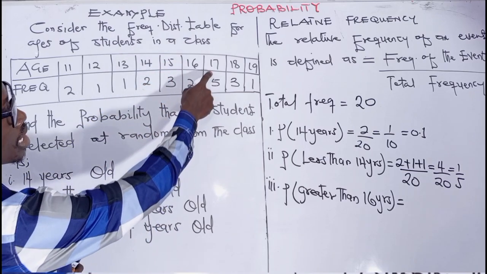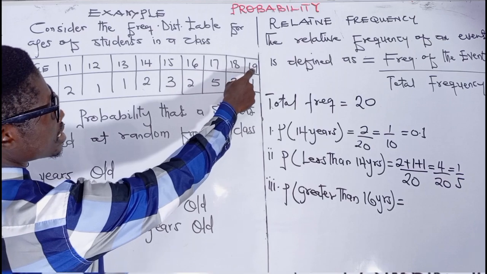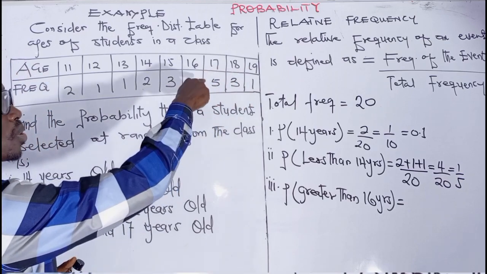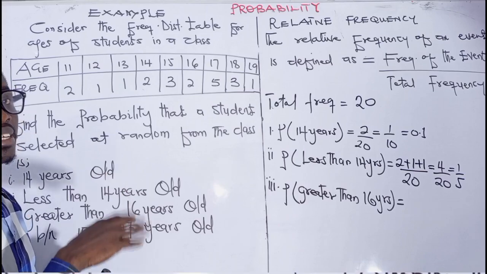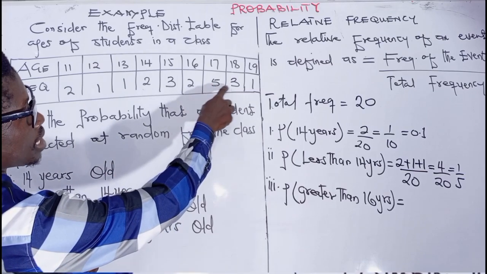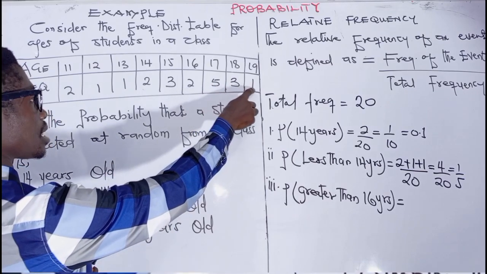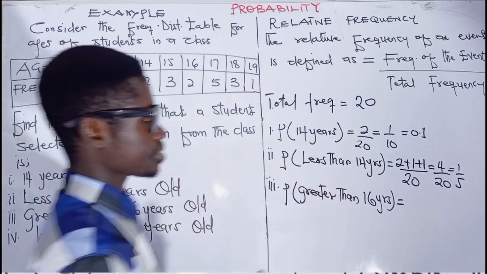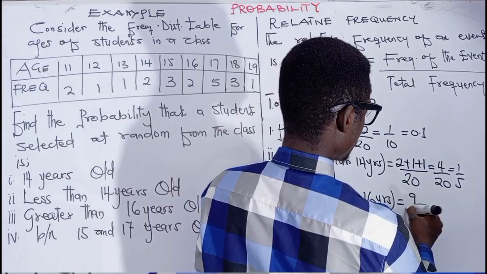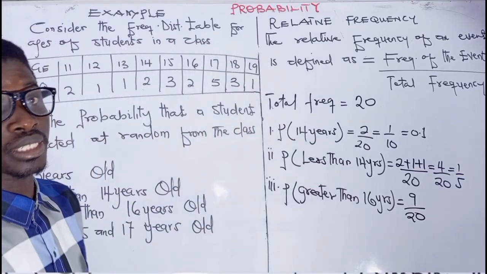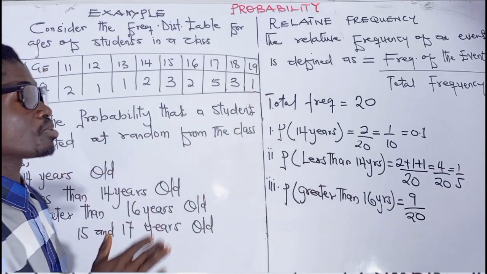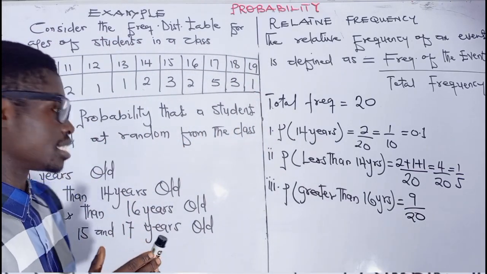So it means that we are going to look at 17, 18, 19. All of these are bigger than 16 years old. So we are going to add the corresponding frequency. So we have 5 plus 3, making 8, plus 1, making 9. So 9 all over the total frequency. Very, very easy. Solving questions on frequency distribution tables is very, very easy.